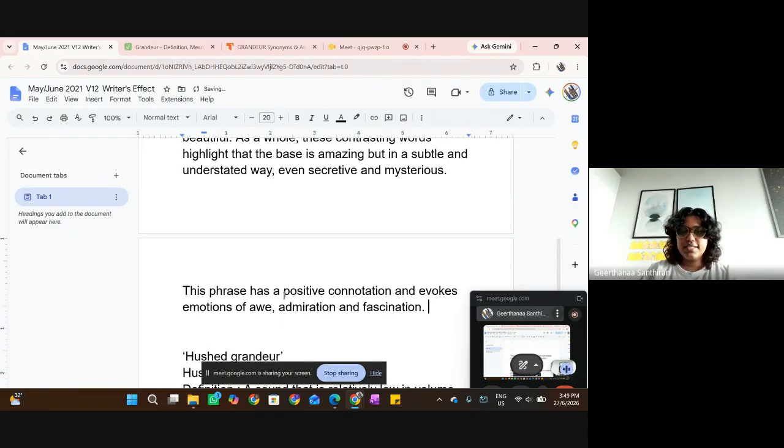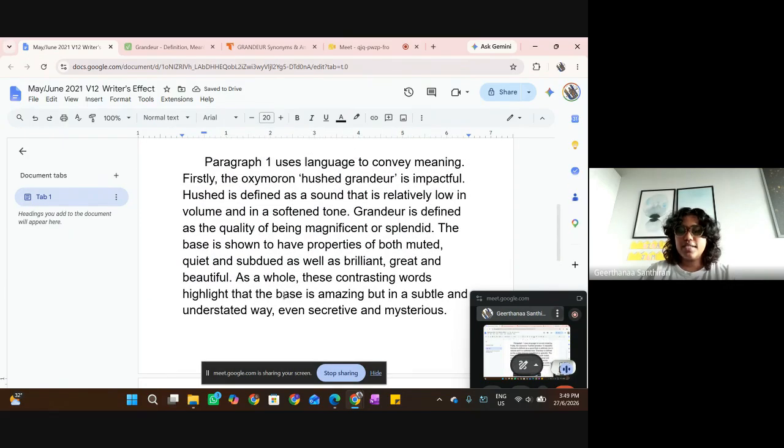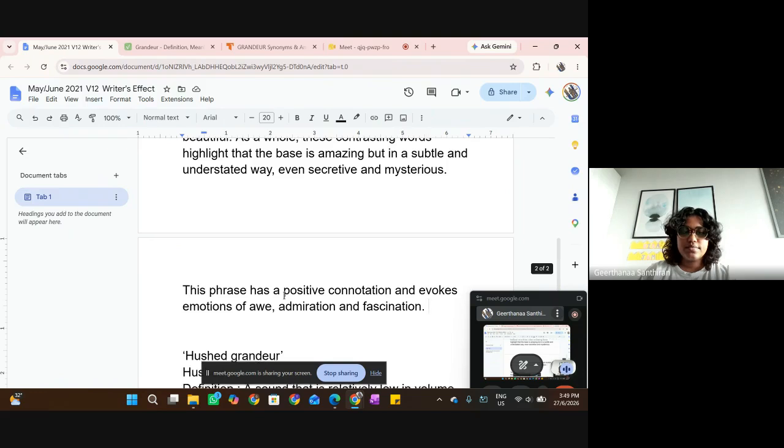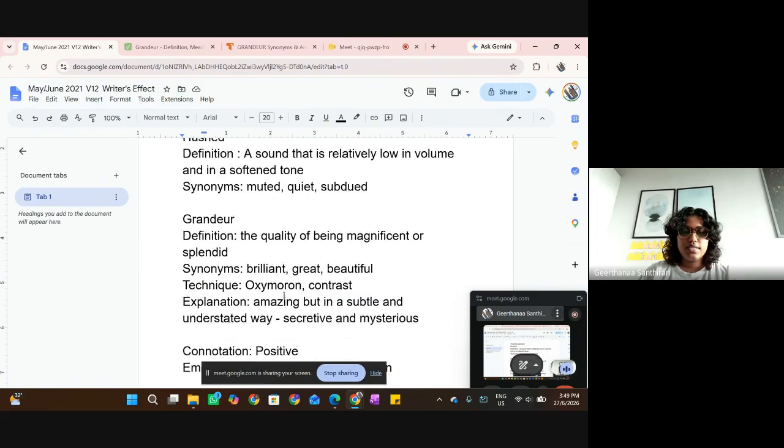Done. Easy, right? When you take your time, you brainstorm, you can come up with the sentences. You don't have to be blank. You don't have to struggle anymore. Done. Okay, so that's our first one.